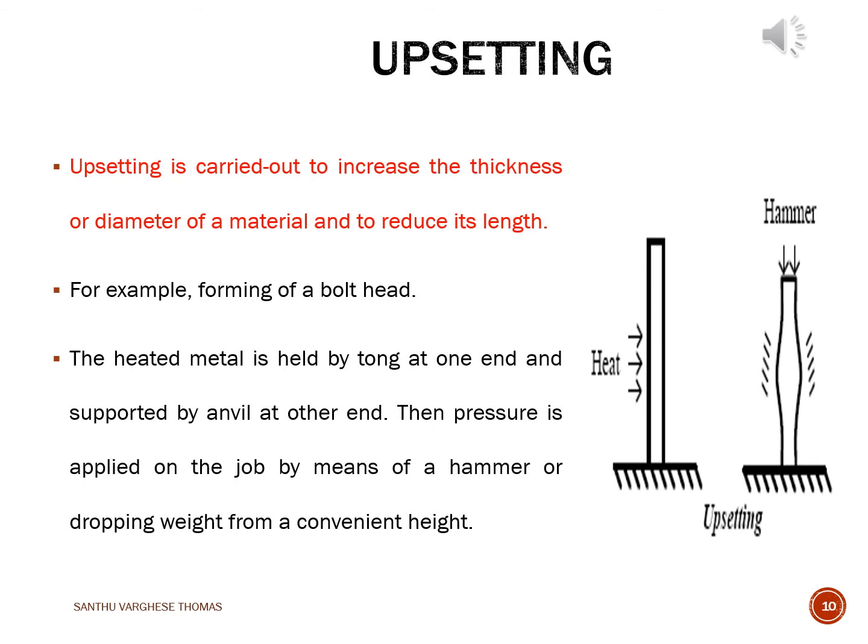In the figure, we can see if we want to increase the diameter at a particular region, we have to heat only that particular region. The other region remains cold. Then, holding with a tongue and applying force, the particular region thickness increases or the diameter increases and reduces its length. This is an upsetting operation.